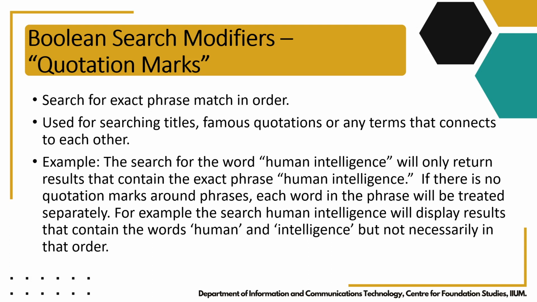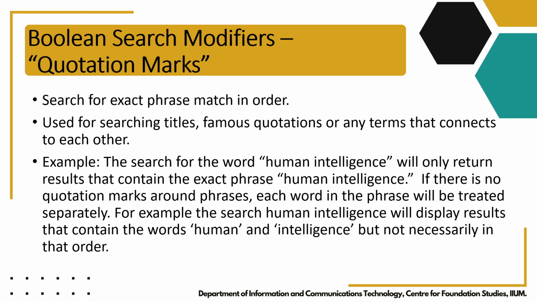A Boolean search modifier using quotation marks is a technique used to refine search queries when using search engines or databases. So when you enclose a phrase or a specific set of words within quotation marks, you are instructing the search engine to find results that include that exact phrase in the specified order.